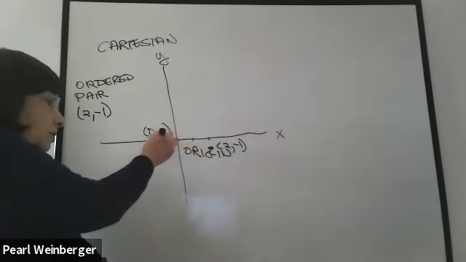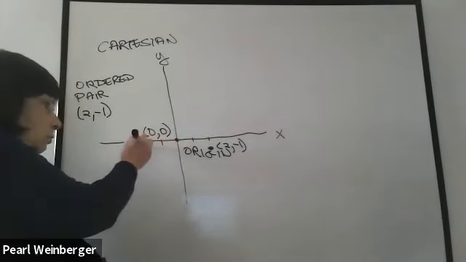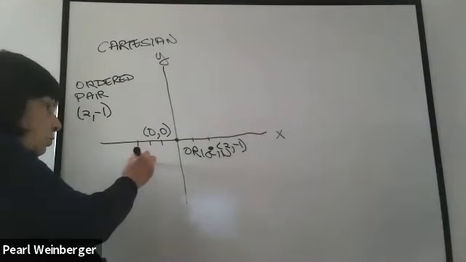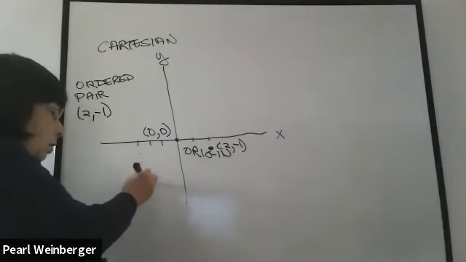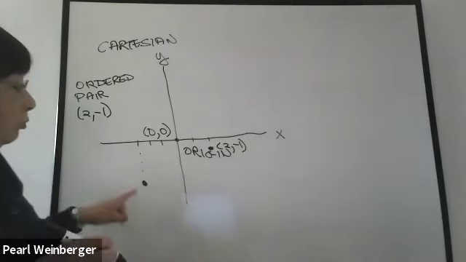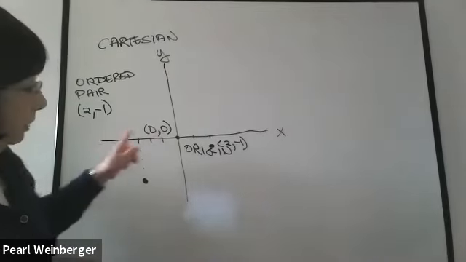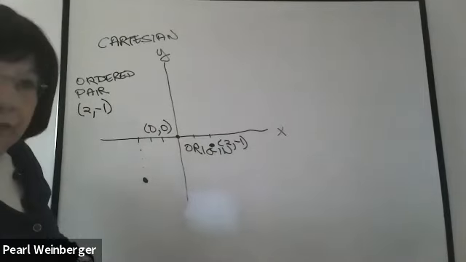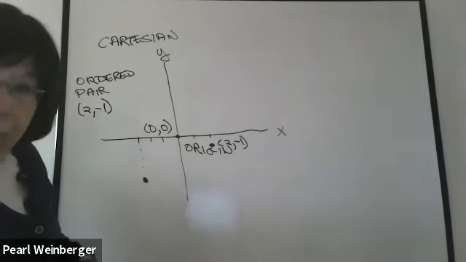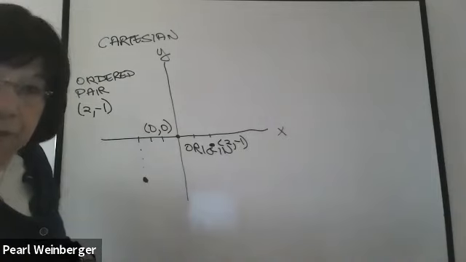Let's say I went to this point. 1, 2, 3, 1, 2, 3, 4. Anybody want to give me the coordinates of this point? I went 3 to the left and 4 down. So I believe that is 3 to the left, so that's -3.